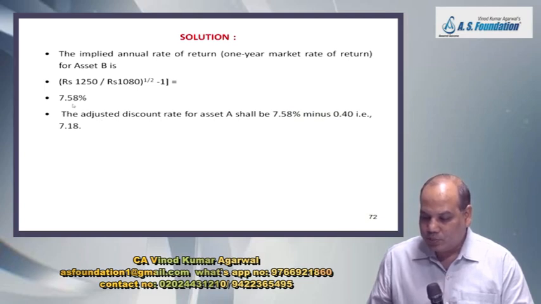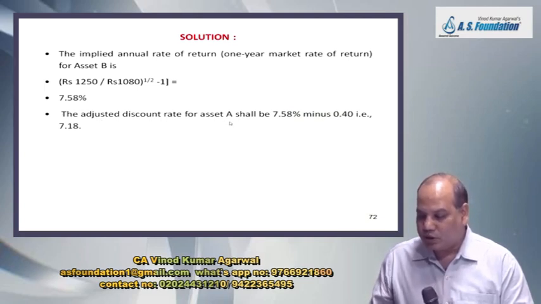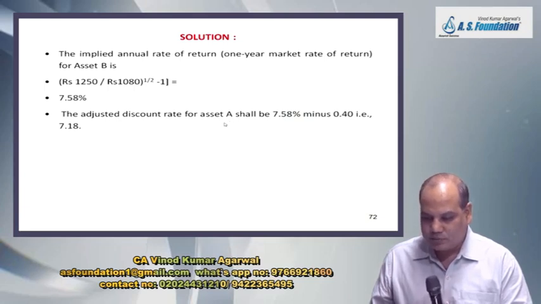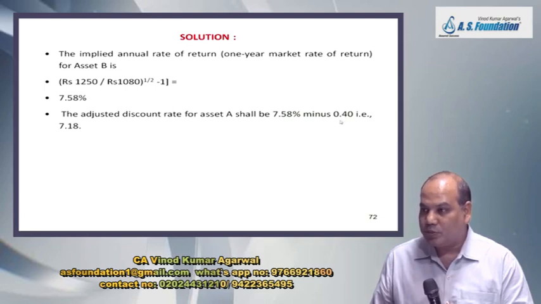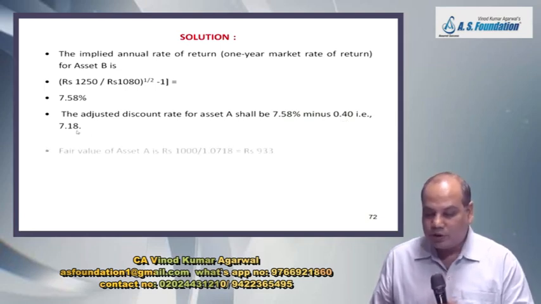So I'll make an adjustment in the discount rate for a 1-year instrument, that is asset A. So write down, the discount rate for asset A shall be 7.58% minus 0.40, 40 basis point means 0.40%, is equal to 7.18%.